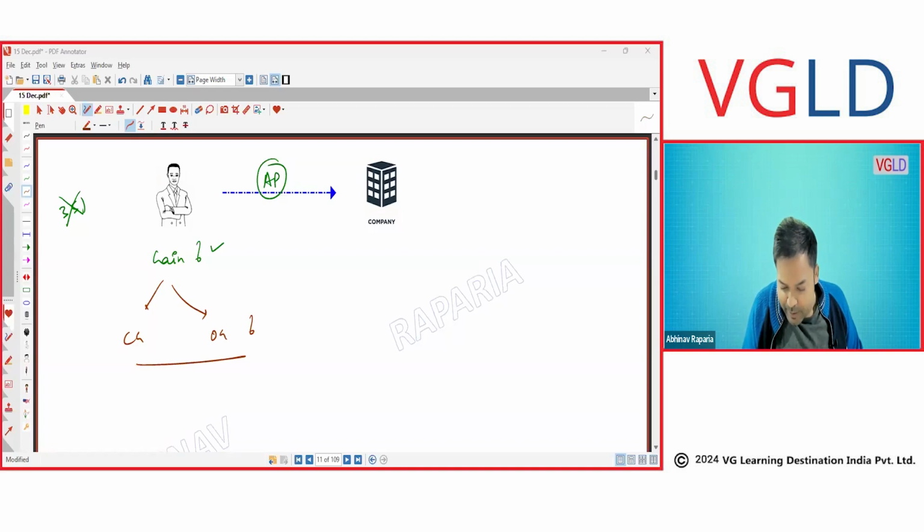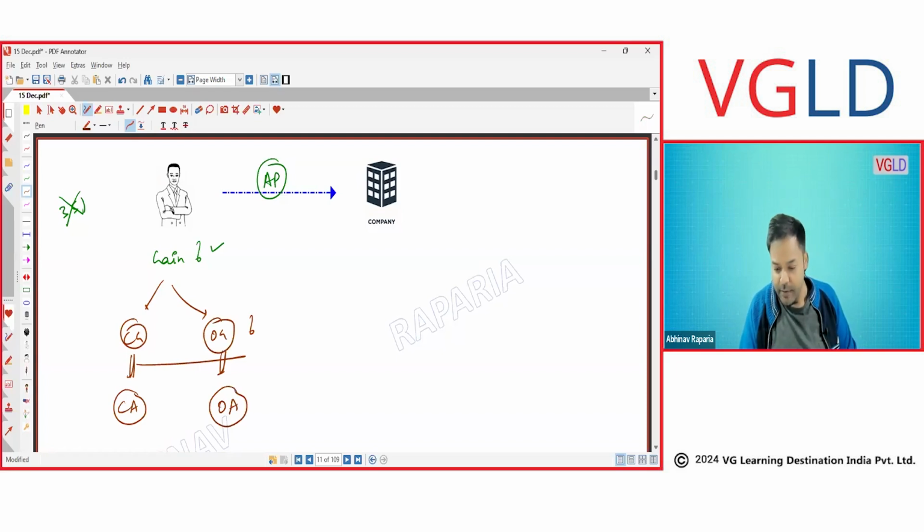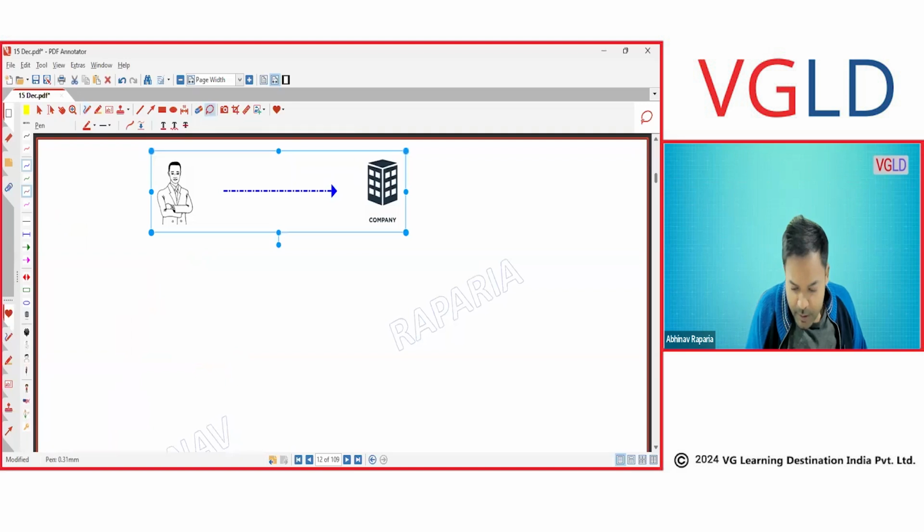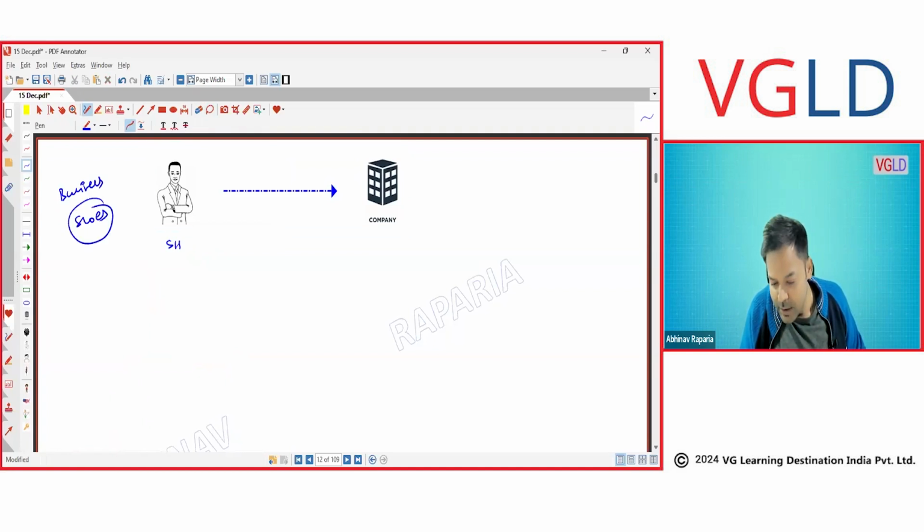It depends, everyone, on which kind of asset you are giving. If you are giving a capital asset, you will have capital gains. If you are giving an ordinary asset, you will have ordinary gains. For example, if I tell you that the shareholder is running a business of making shoes, and now you are transferring the shoes to the company.